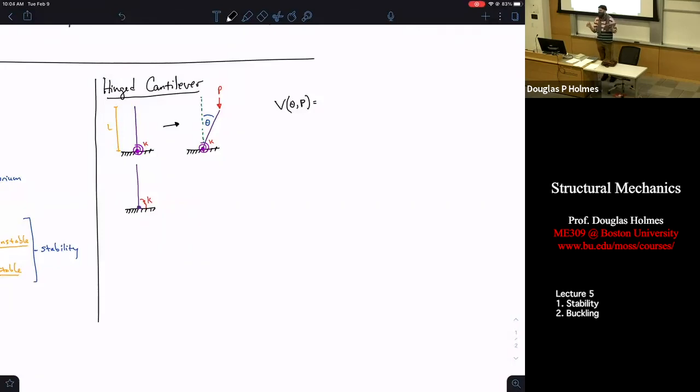That's all. So the strain energy should only depend on the angle, how much that bar is rotated, and therefore how much energy you're storing in that spring.